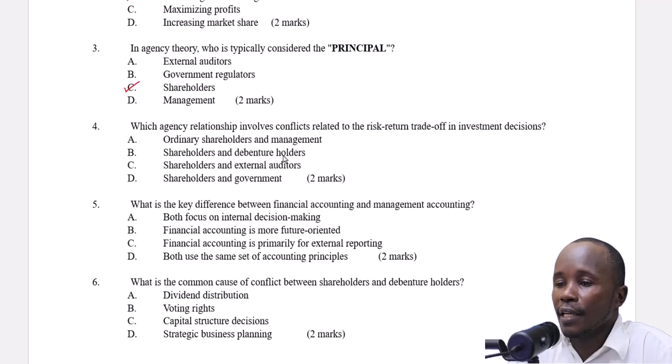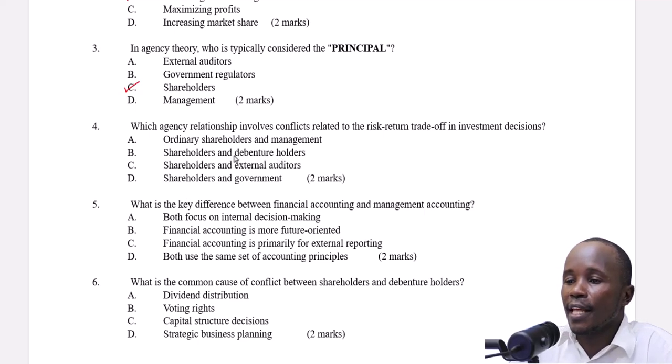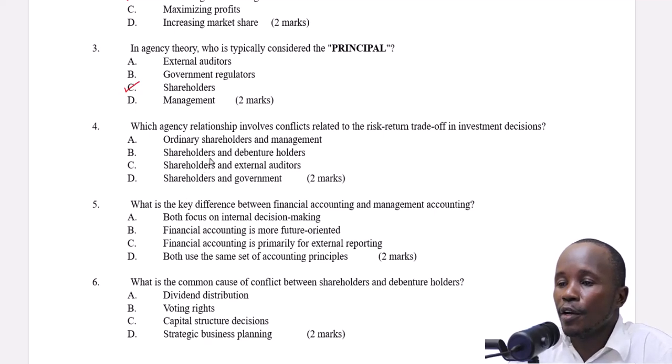Debenture holders and shareholders may conflict in the sense that shareholders want to get more dividends, but debenture holders want the company to grow so that it is able to pay the debenture interest in the long run. But the risk and return trade-off in investment may happen between shareholders and management.